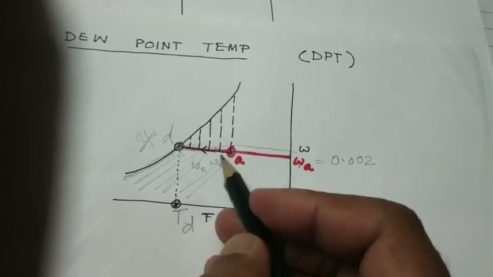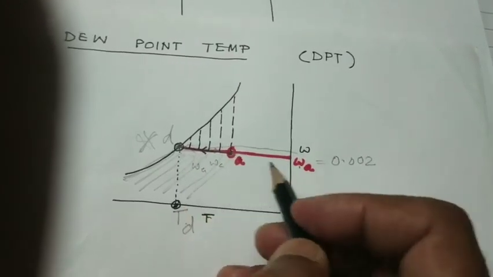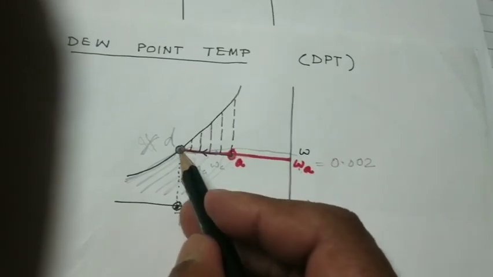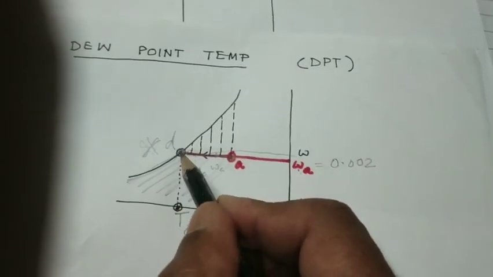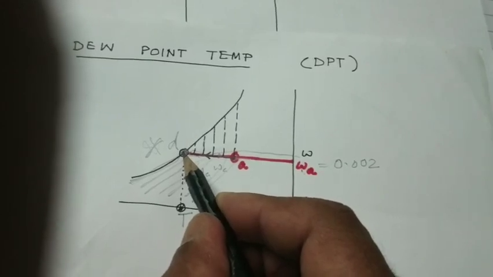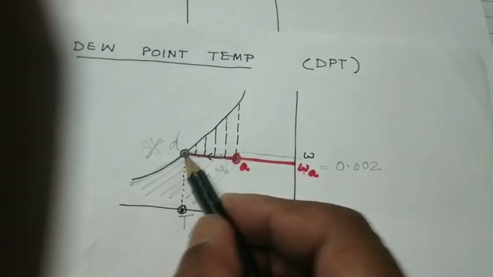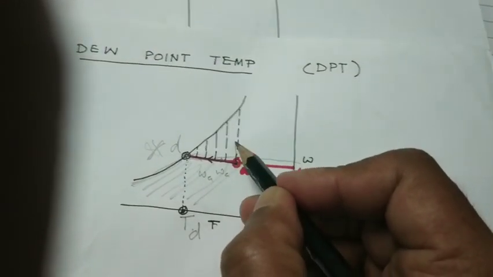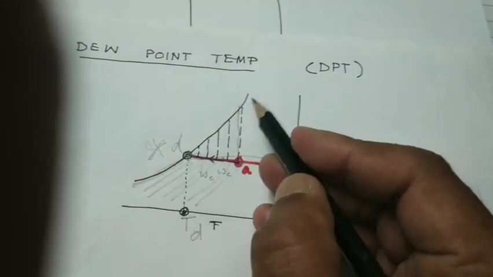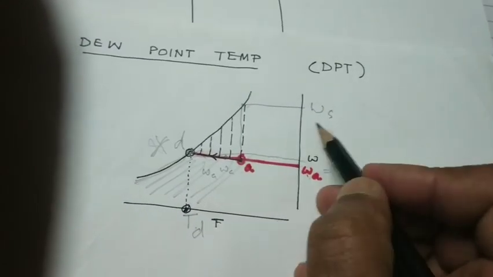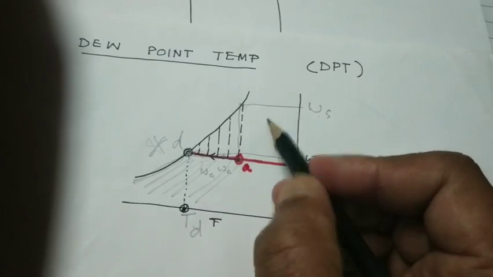TD is the minimum temperature at which you can have omega A. So now if you talk about point D, what is the saturation humidity of point D? The saturation humidity of point A was: take the constant temperature value, go up, humidify it, and that was omega S, the saturation humidity of point A. You see?